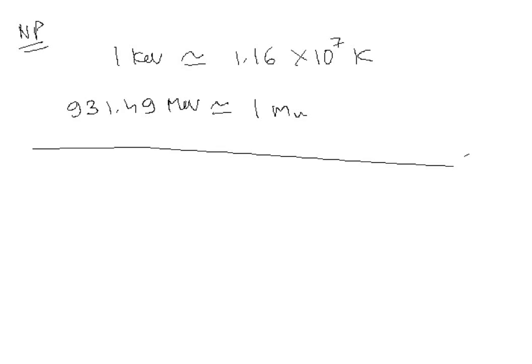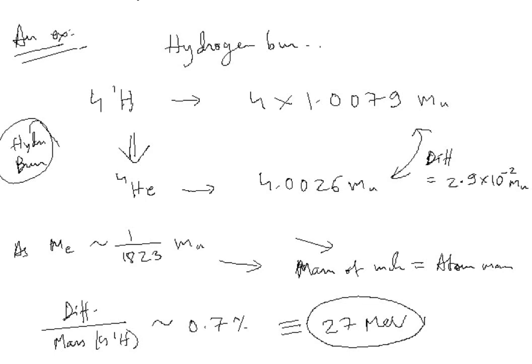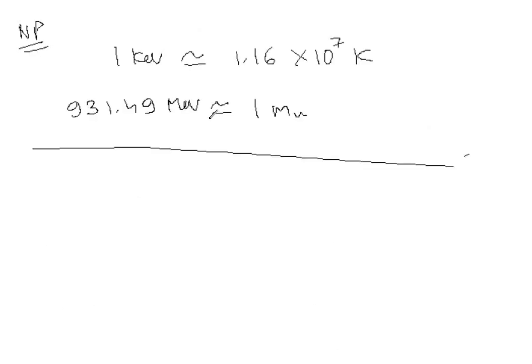Okay, now next, so what do we have? We have this amount of energy, 27 MeV. Now what about the sun's luminosity? If we consider the sun's luminosity, then this corresponds to a mass loss rate.